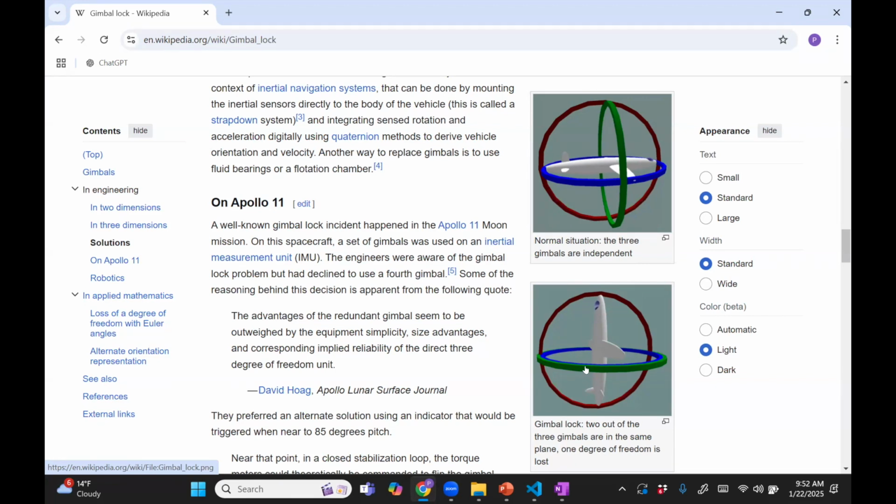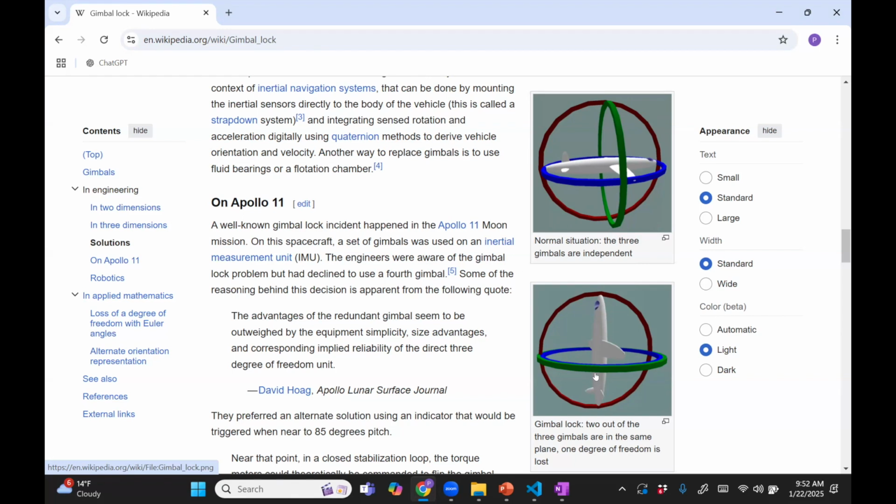It's like x, y, x, that represents a rotation, but if it becomes y, y, x, you cannot really represent a rotation. So that is one way of understanding the gimbal lock.